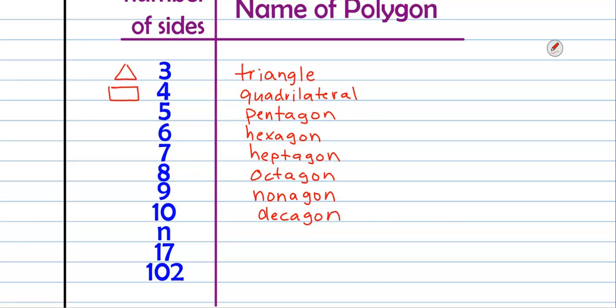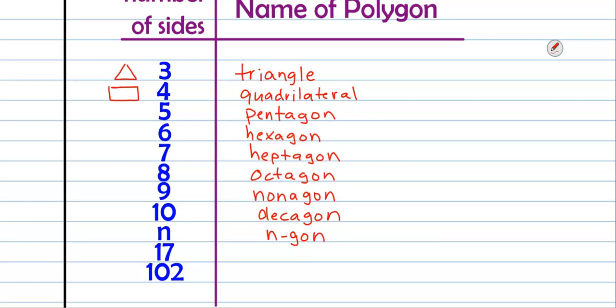And then after that, there are some more names. If you Googled, like, what do you call a 13-sided polygon, it would probably give you a name. But once we get to 10, we are not going to go any further with the names. These are the ones you need to memorize. After that, for a polygon with an unknown amount of sides, anything after 10, we're just going to call that an n-gon.